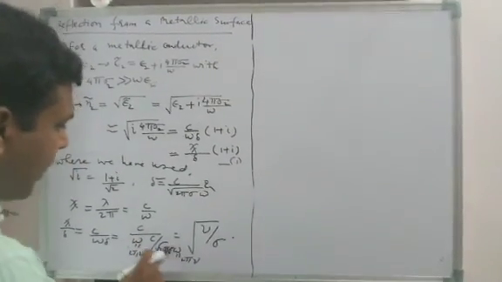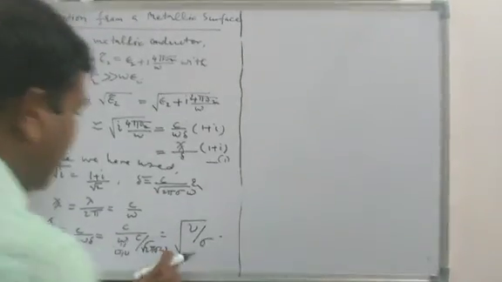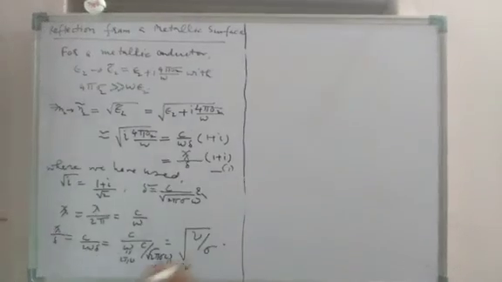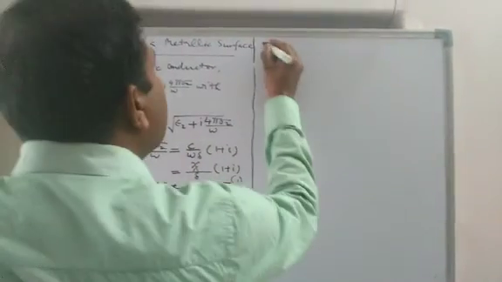The 2 pi root square cancels, c cancels, and nu by sigma is surviving.